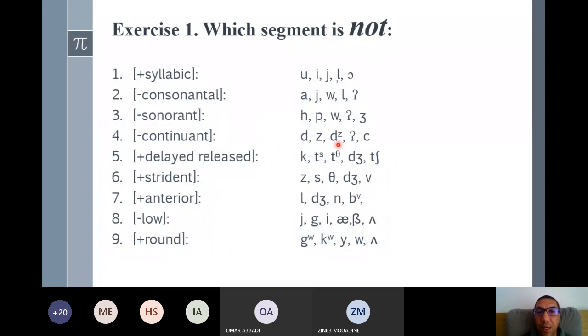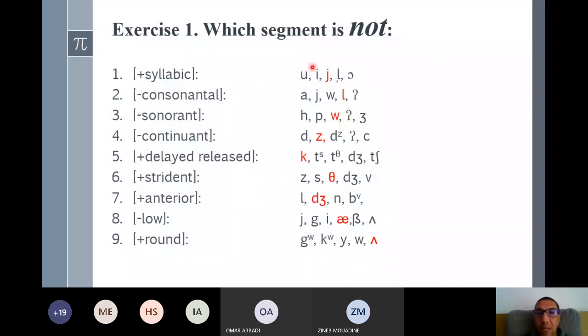This exercise was again taken from your course pack. The answer is, we see here that the glide is minus syllabic. Remember, which segment is not plus syllabic? So all these segments are plus syllabic except for y, which is minus syllabic.